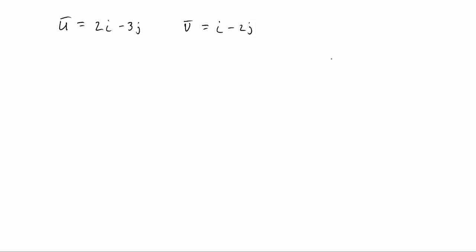And once again, if you want to, we can draw a little picture. For the first one, we're going over 2 and down 3. So here's u, and then v is going over 1 and down 2.